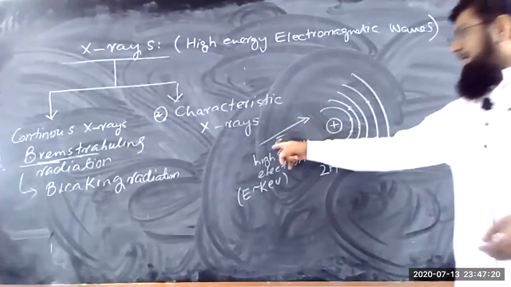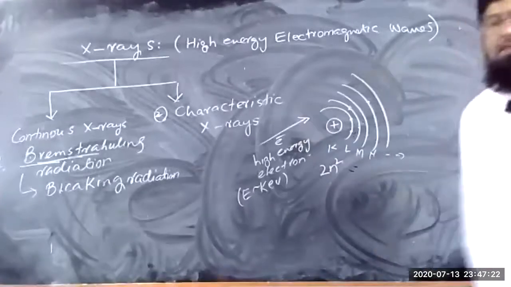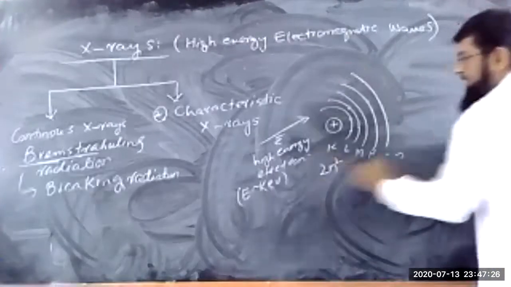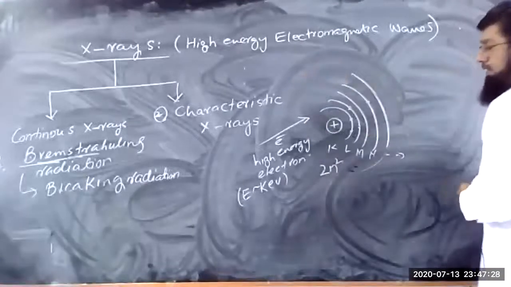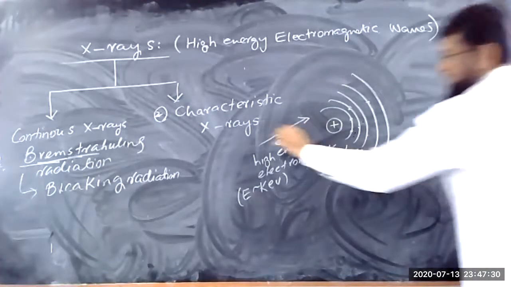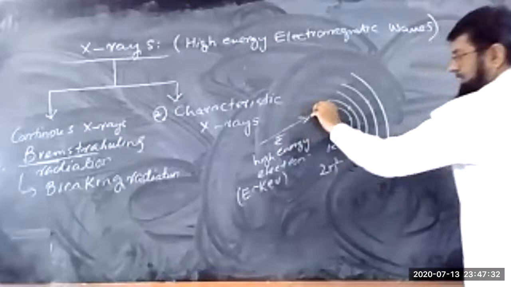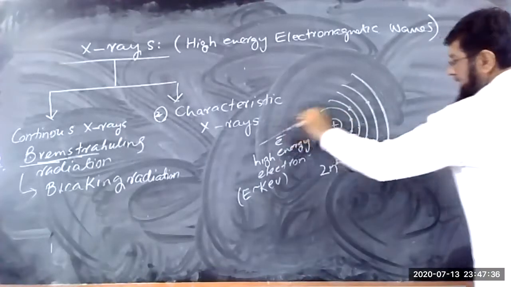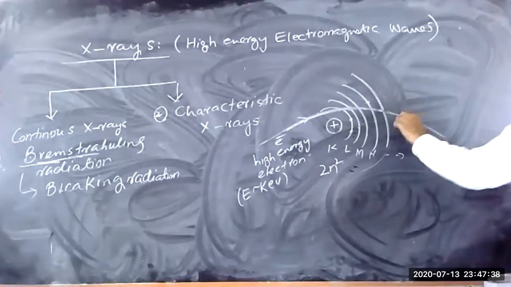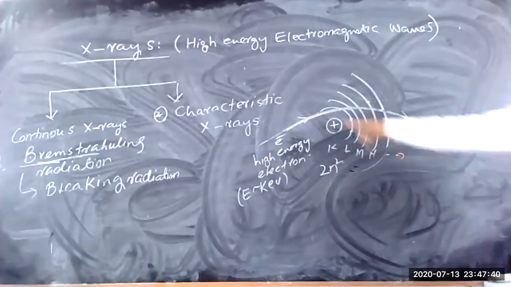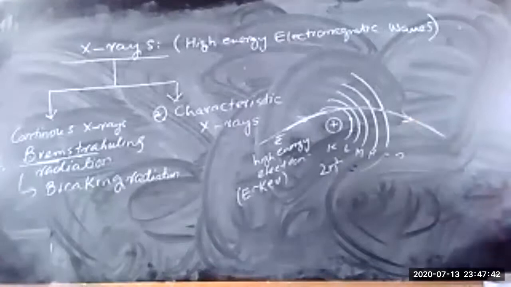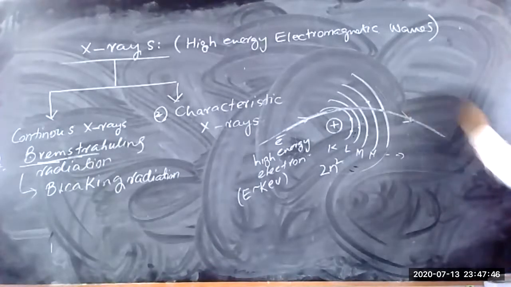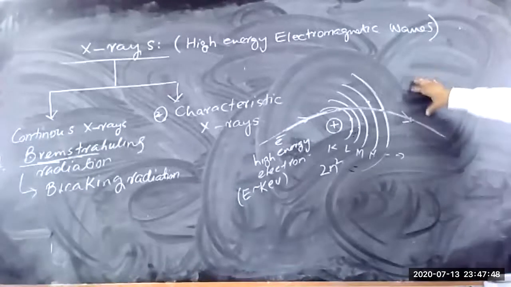As a result, when this electron passes near the vicinity of an atom, as a result of the Coulomb interaction between the nucleus and the electron, this electron changes its path, and its energy is decreased according to the law of conservation of energy.